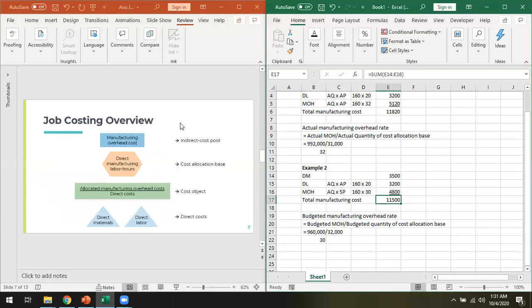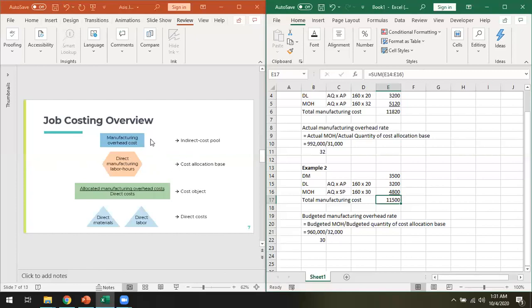Okay. So this is the overview of job costing. The diagram will explain how job costing works. So we have cost object here, or custom cabinets for kitchen. And then we know that each product consists of direct cost and manufacturing overhead cost. Direct cost consists of direct materials and also direct labor, while allocated manufacturing overhead cost, we get this number by dividing manufacturing overhead cost and the direct manufacturing labor hour, because this is the cost allocation base from our previous example.